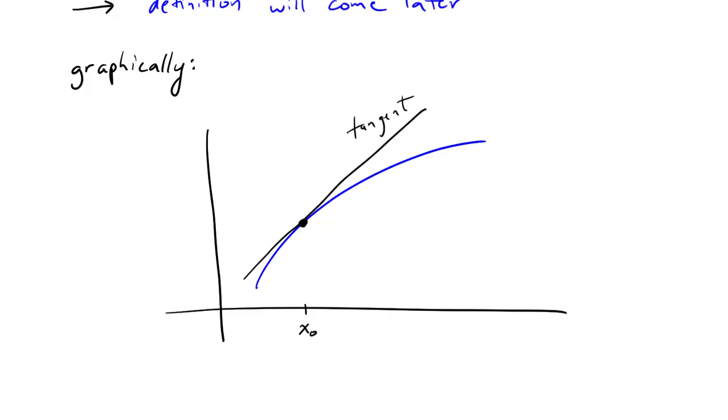The slope of this line is going to correspond to the instantaneous rate of change, but right now we have no way to get that. We don't have a way of getting a line from one point.